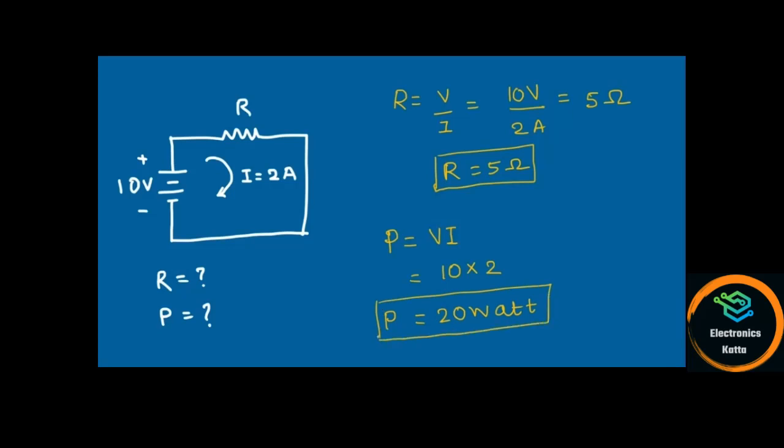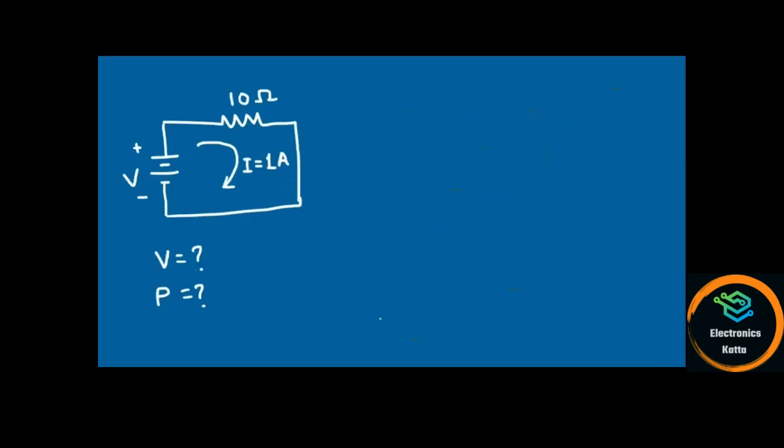Now let's take one more example. Here we have an unknown voltage source V connected to a 10 ohm resistor, and the current flowing through the circuit is I equal to 1 ampere. We need to find this unknown voltage and the power dissipated across the 10 ohm resistor.